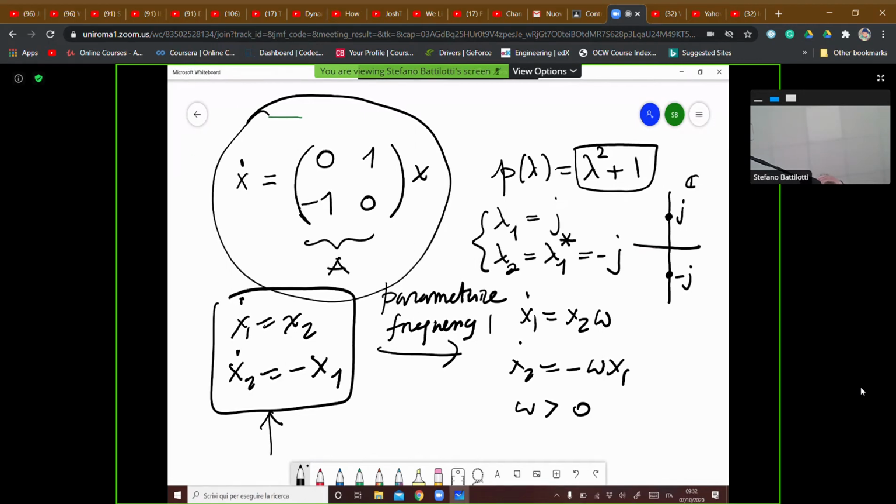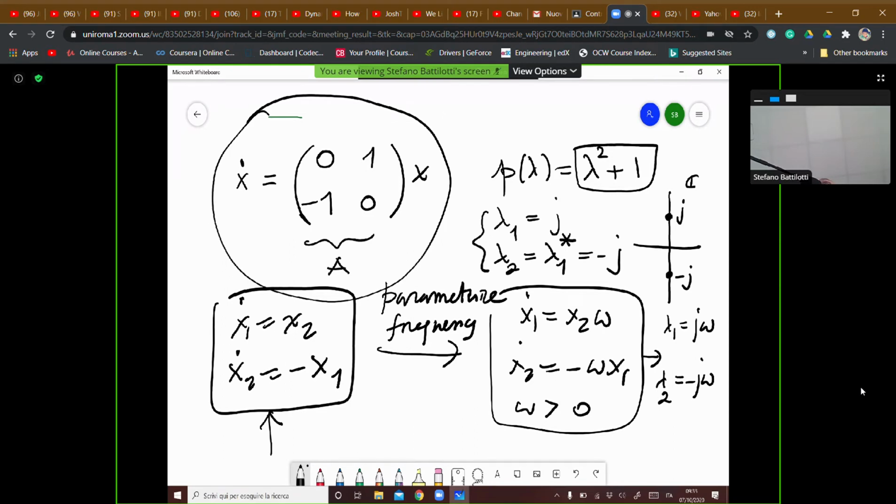As a matter of fact, this model, if you do the same calculation as before, has eigenvalues lambda 1 = j omega, lambda 2 = minus j omega. So you are changing the imaginary part of the eigenvalue. And so, for what we said, you are changing the frequency of the oscillations.